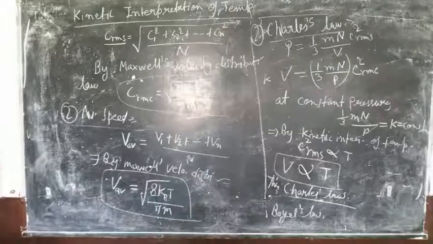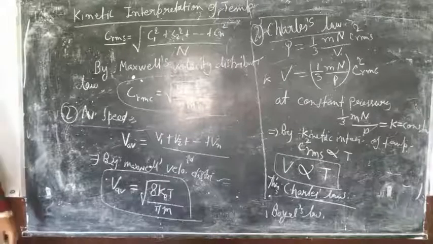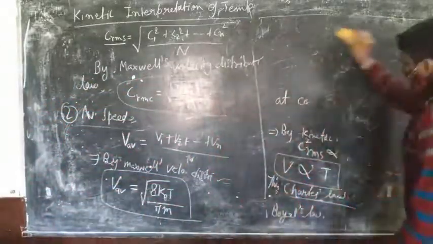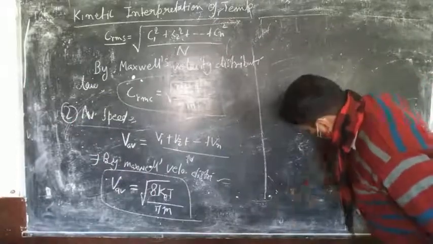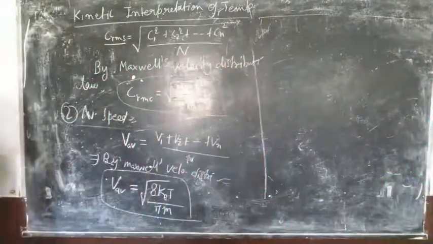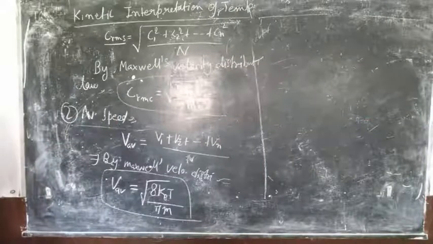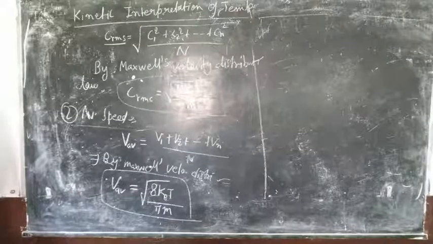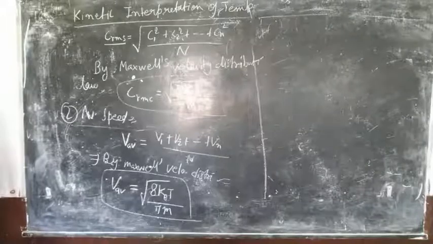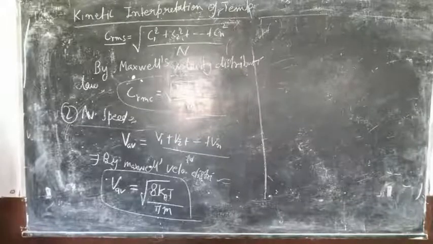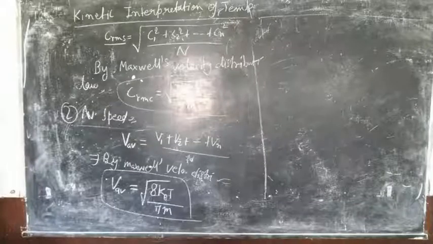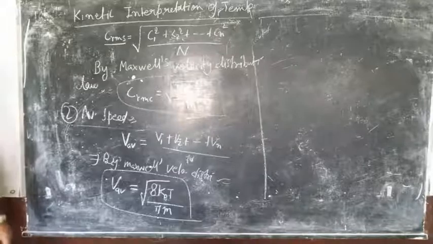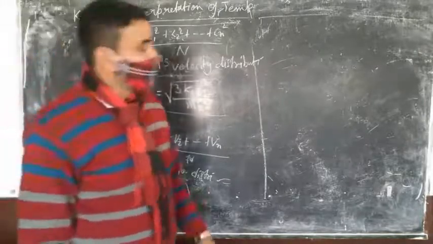Next we have the most probable speed, the speed at which a gas molecule is most commonly observed. It is the speed possessed by the maximum number of molecules in the given mass of gas.